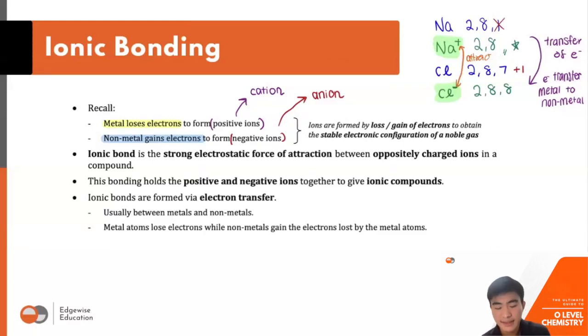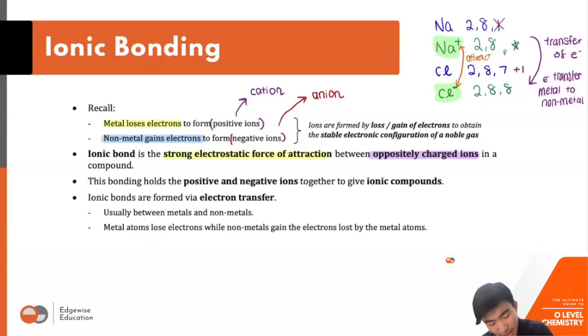Now, that means this orange line that I draw over here, this line is what we call the ionic bond. Okay, get me so far? Now, the ionic bond is otherwise defined as the strong electrostatic force of attraction between oppositely charged ions.